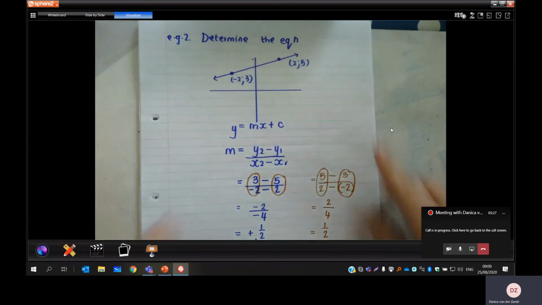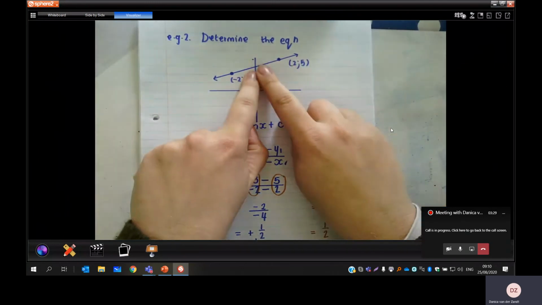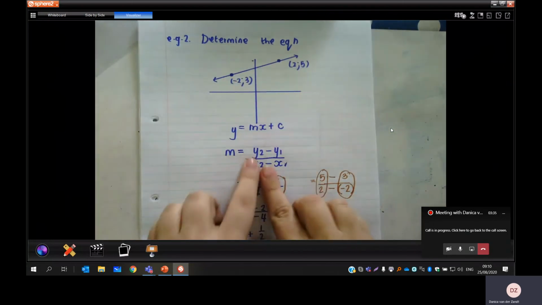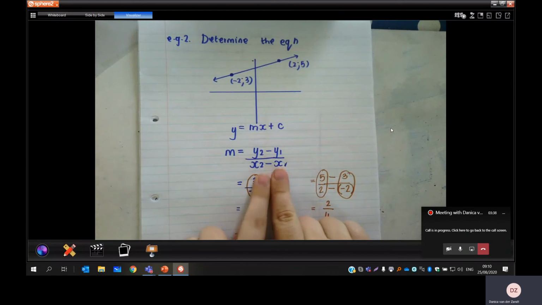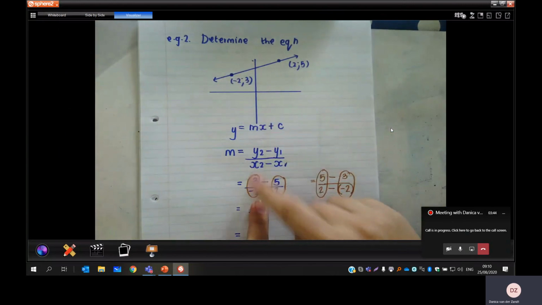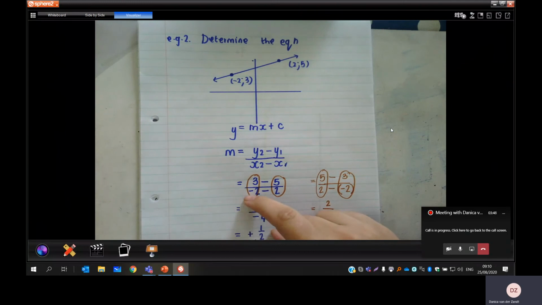Then we looked at one where 2 points were given, and even though we can see the intercept, we don't know the number of the intercept. So we have to do the gradient formula, and I was demonstrating how it doesn't matter which coordinate you write first, as long as the up and down are from the same coordinate. Then on the board, I wrote, what happens if we actually swap it?